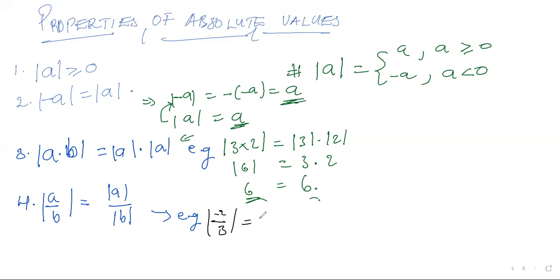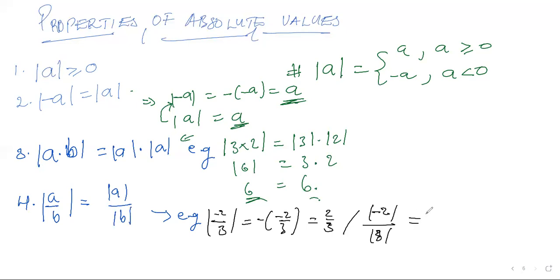We can write it as negative of negative 2 over 3, which simply will be positive 2 over 3. And on the left-hand side we are going to have modulus of negative 2 over modulus of 3.